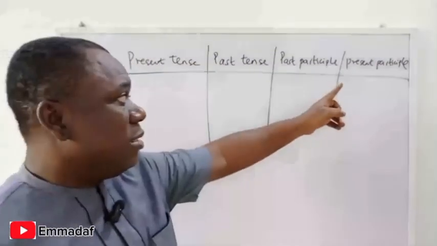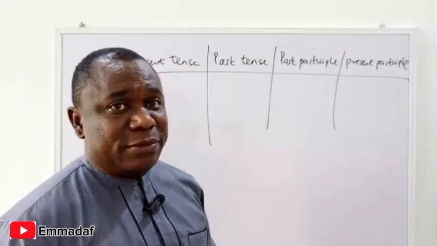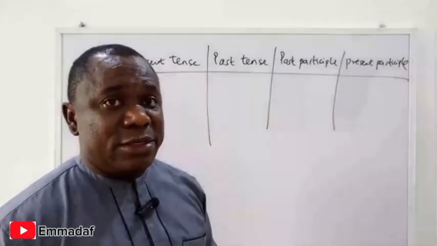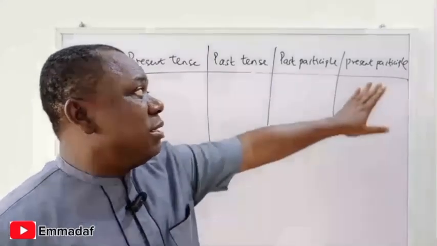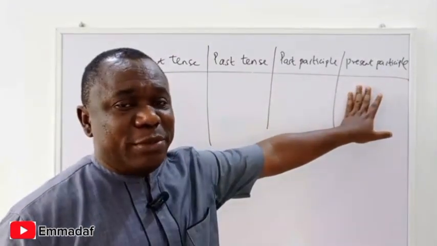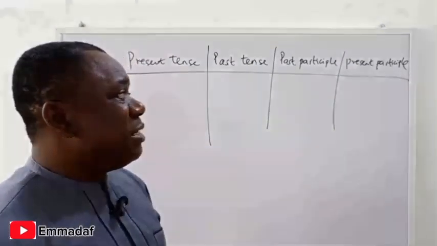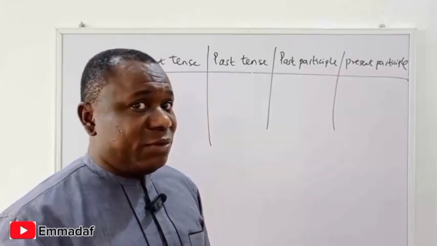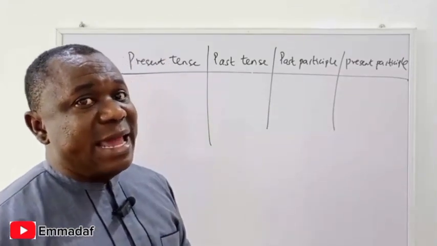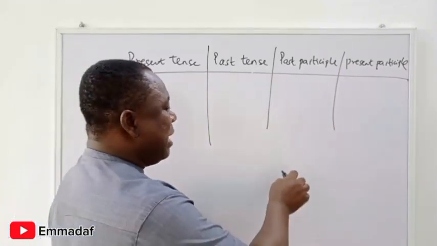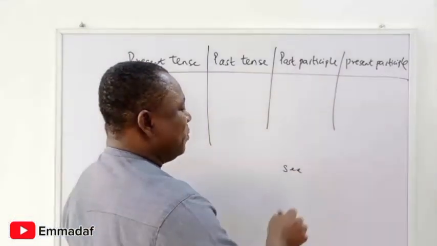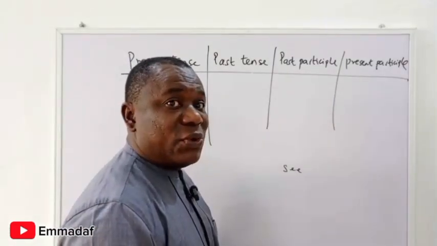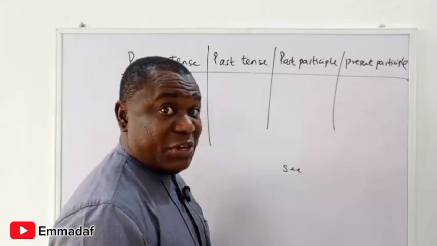I want to start with the present participle because I see from experience, from interaction with students, that the present participle does not give much problem. So what is the present participle? The present participle is the form of the verb that ends in ing. So you have a verb like see, and there is a form of the verb see, sees, saw, seen.